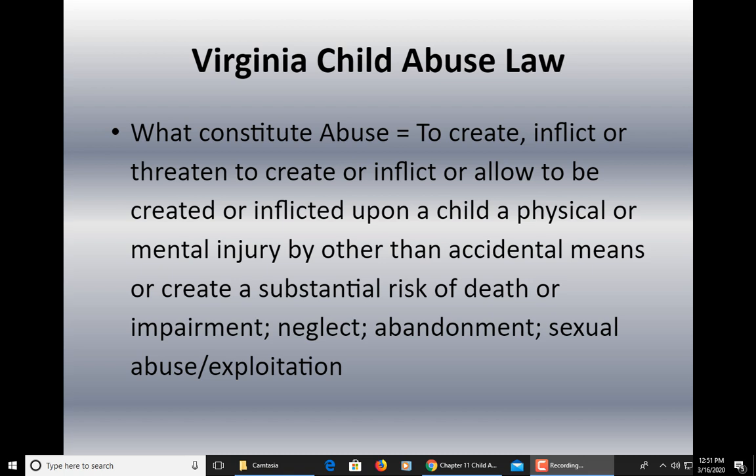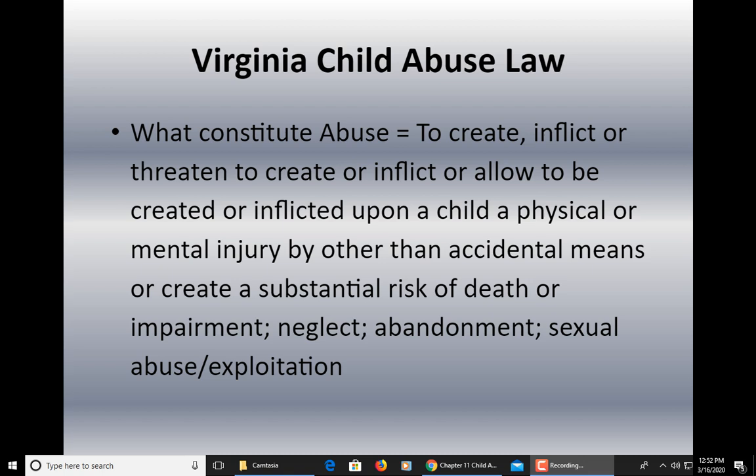So here's Virginia's law on child abuse. Let me just go over some of the key highlights. Inflict or threaten to inflict, or allow to be inflicted upon a child, by physical, mental, or accidental means, any kind of injury or create a substantial risk of the child's death or impairment. Child abuse also involves neglect, abandonment, sexual abuse, and exploitation.